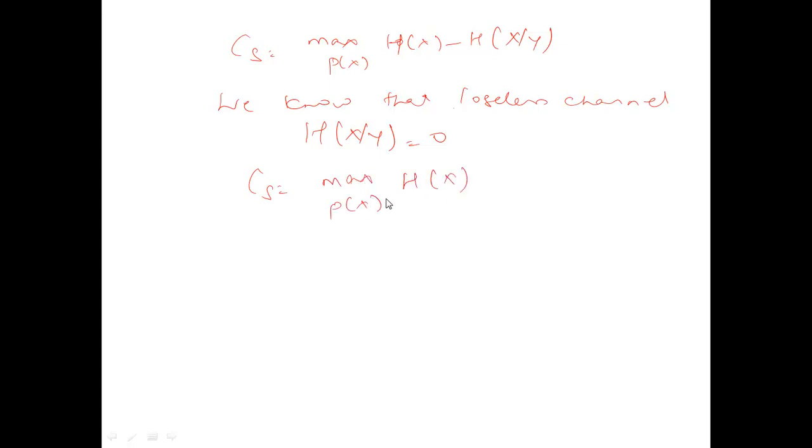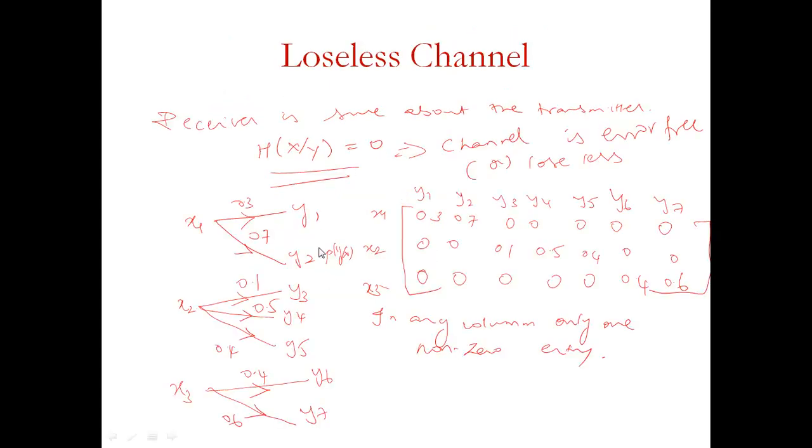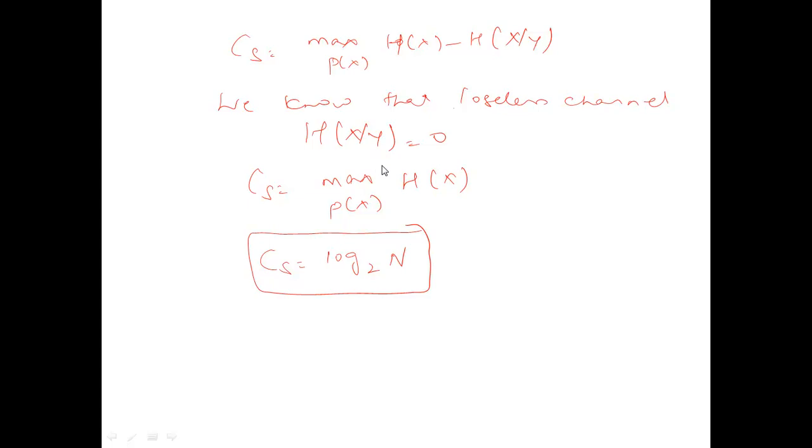H of x is nothing but the entropy at the transmitter side, and it takes a maximum value whenever all the probabilities are equally likely, and this maximum value is log base 2 of capital N. For the example we have taken here, we have only 3 inputs, so capital N is equal to 3.